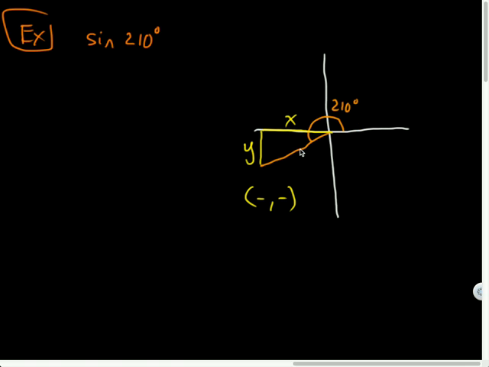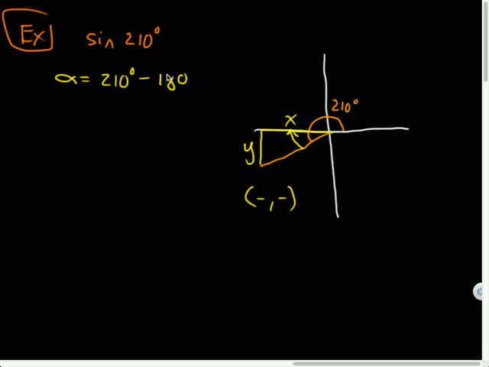The reference angle is the acute angle from your terminal side to your x-axis, right? So how do I find alpha, my reference angle, in this case? I take my angle, 210, and subtract 180.